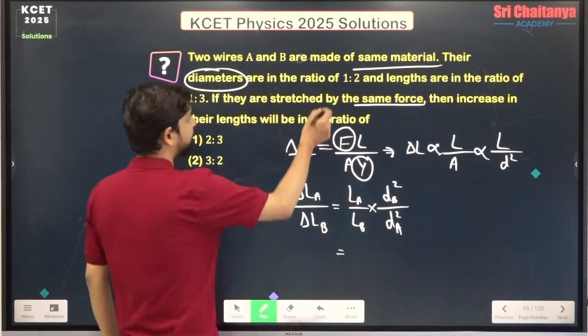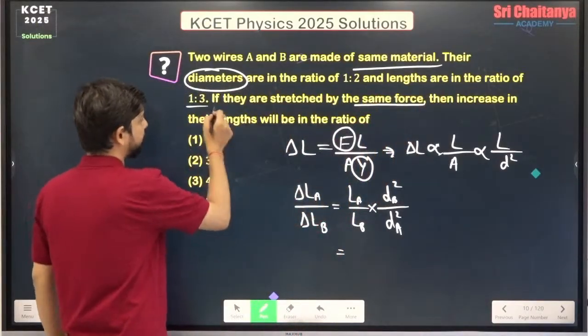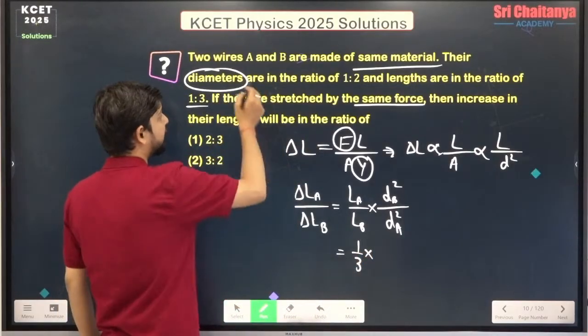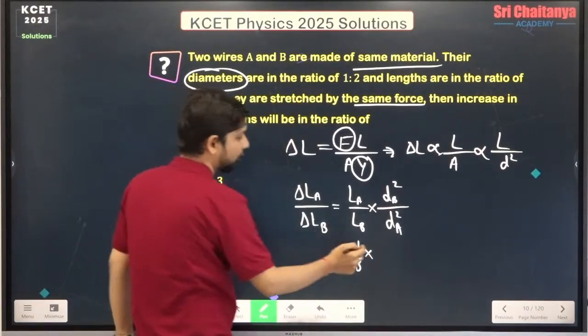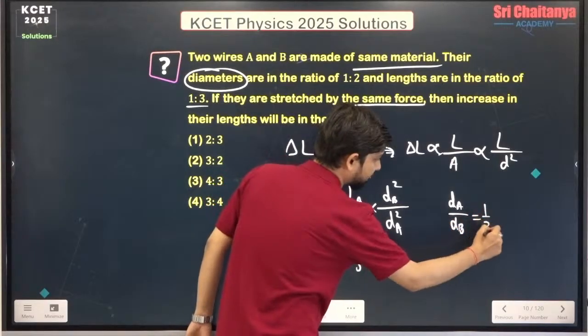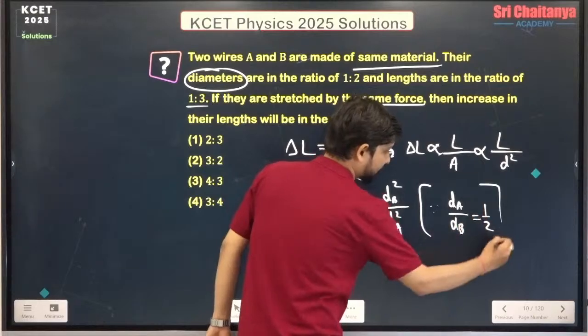So LA upon LB, the ratio of lengths, is 1:3. When you put the values, you have to be careful. The diameters are in the ratio of 1:2, so DA upon DB is 1:2, not DB upon DA.